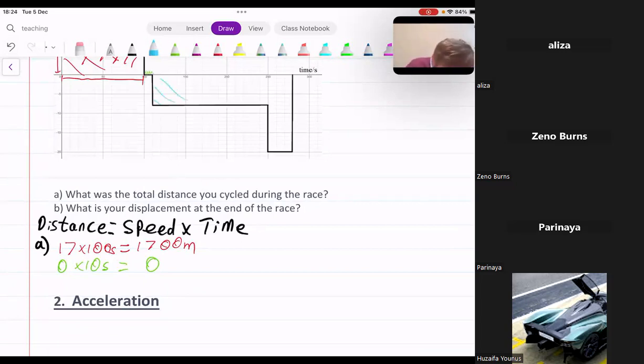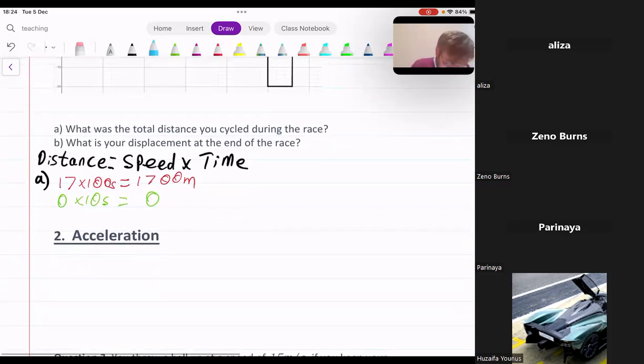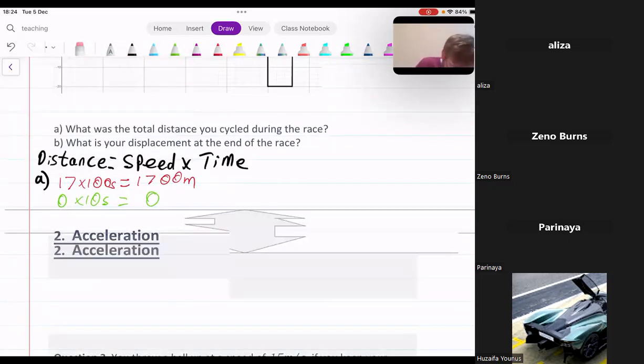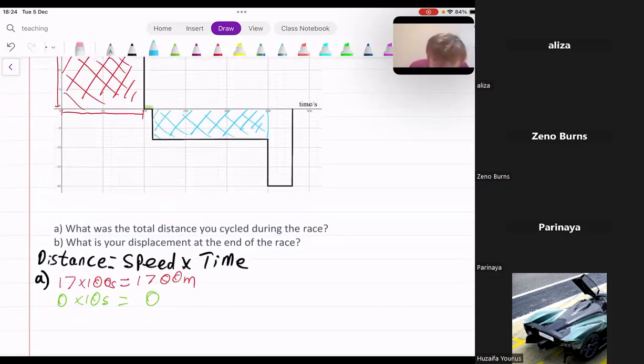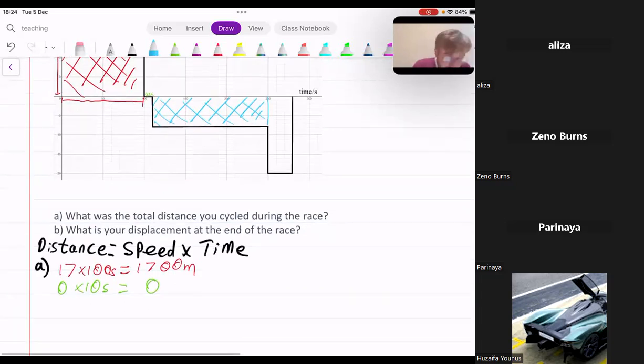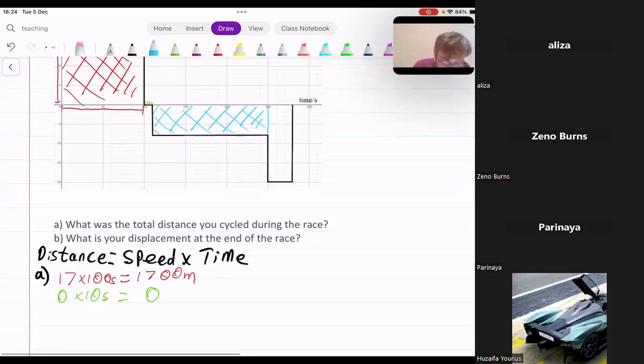The next section is here. And careful, the speed changes at 250. So we're just going to calculate this section. That section is, we travel for 140 seconds because it ends at 250 and starts at 110.